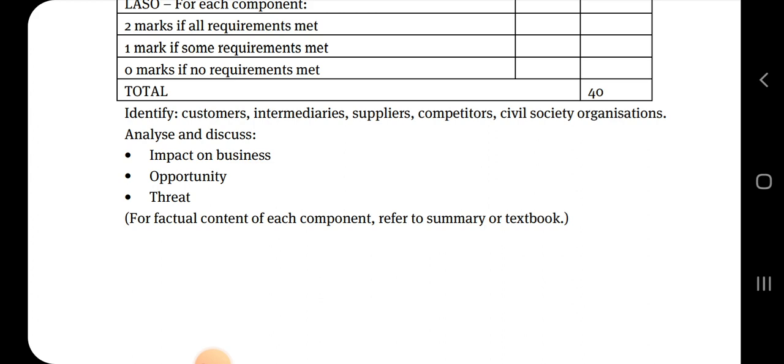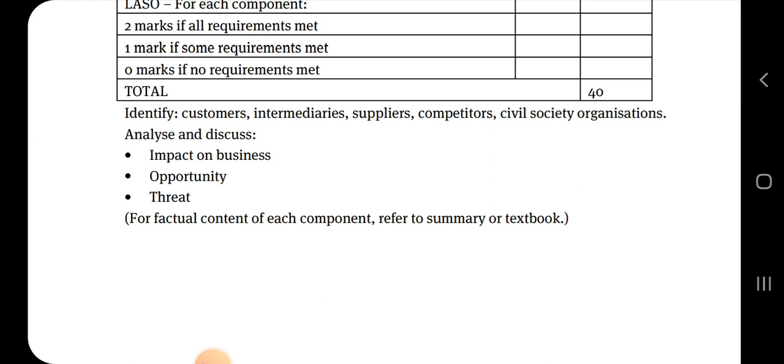How do customers impact businesses? How do intermediaries impact business? How do suppliers impact business? How do competitors impact business? How does civil society impact business? It can be a positive impact or a negative impact.